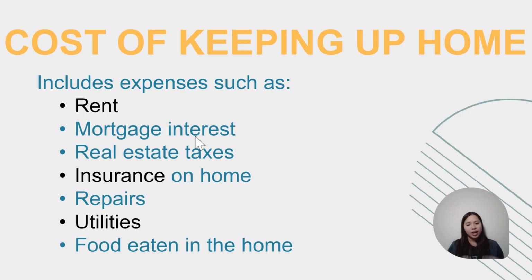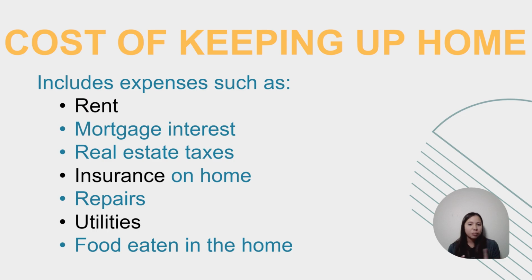Now, in the dependents lesson, we talked about how in order to be a dependent, you have to meet the support test, which is the taxpayer, in order to claim the person as a dependent, had to have paid more than 50% of the cost of support for the dependent. Now, that's a little bit different than the cost of keeping up a home, because the cost of keeping up a home is related strictly to the residence.